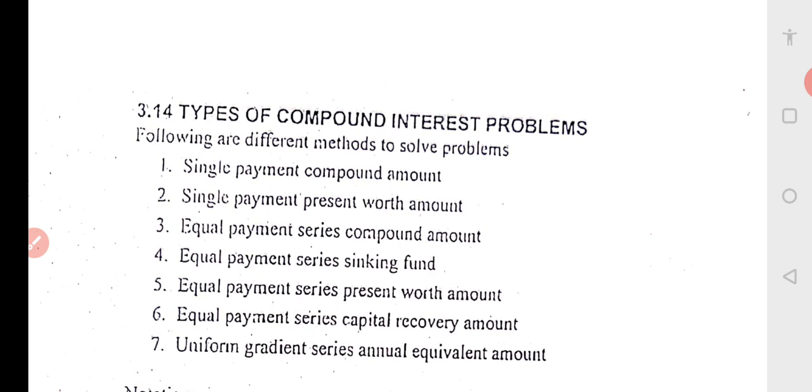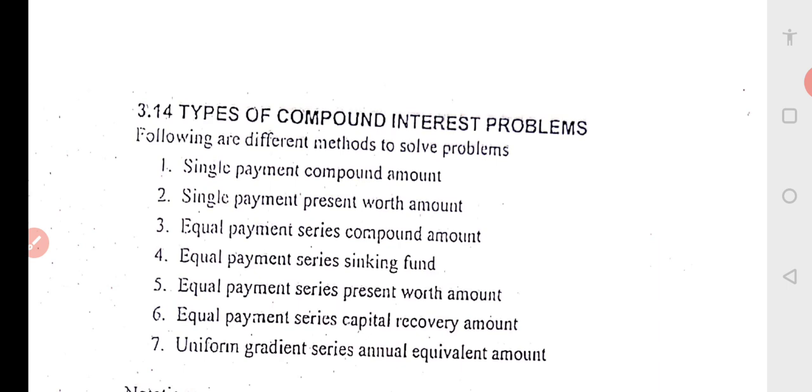Now next is the equal payment series capital recovery amount. In the earlier problem we saw the present amount. Now we are going to see the future amount if I put in the amount on a regular yearly basis.